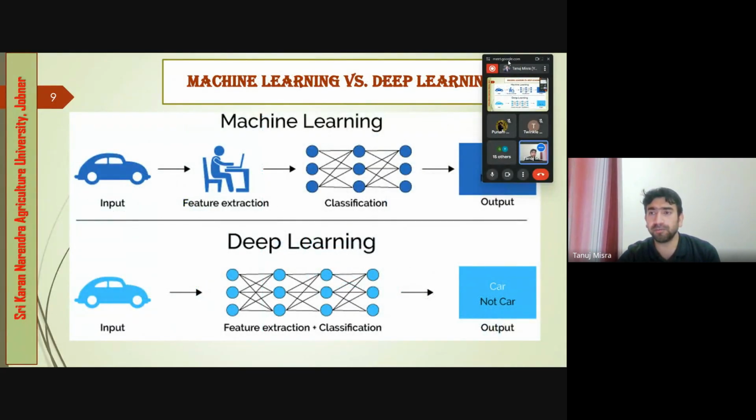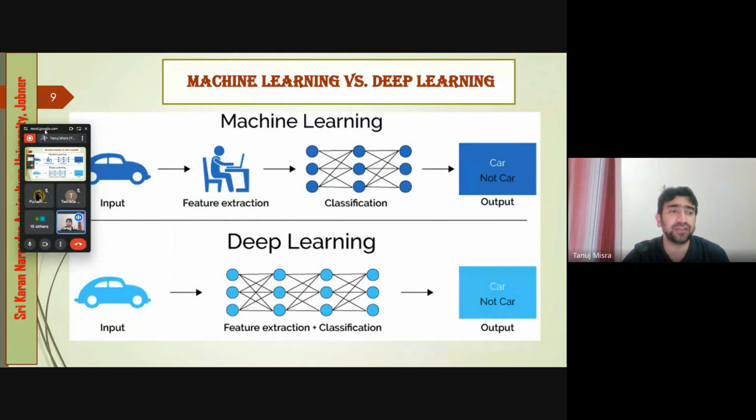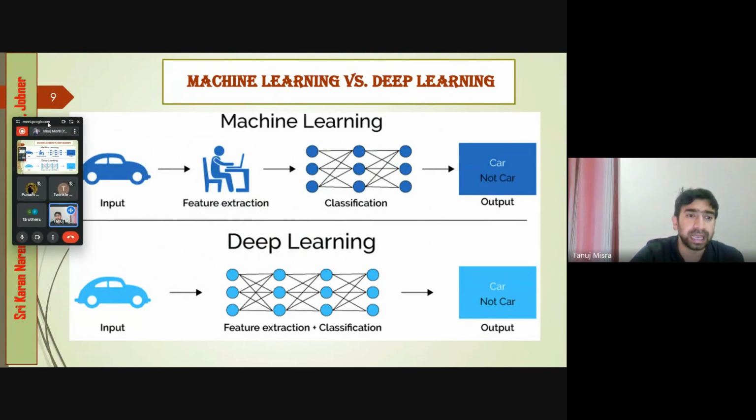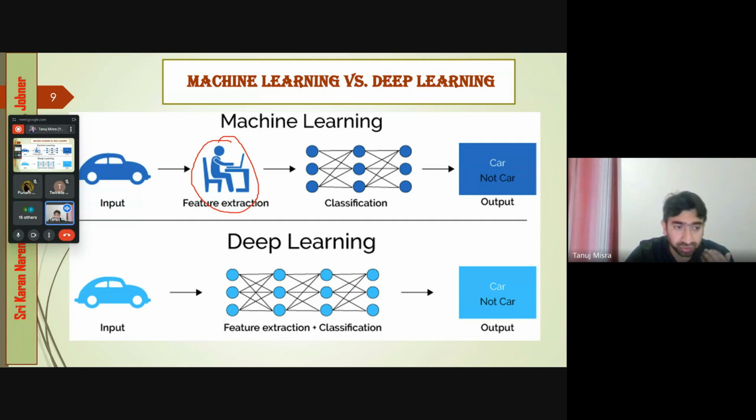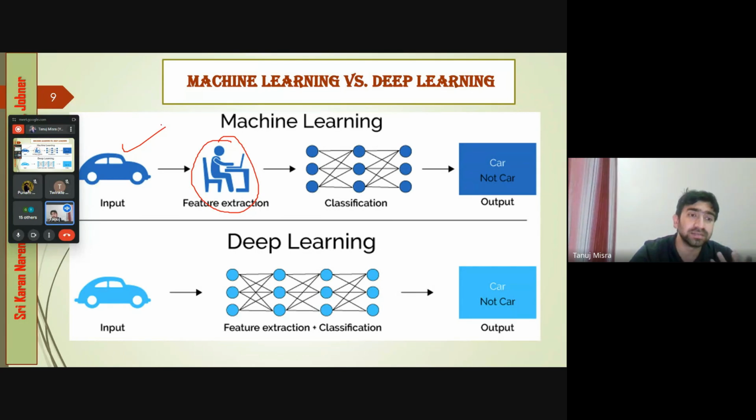So now we can say that there is a slight difference between machine learning and deep learning technology. In machine learning technology, it involves the user. Suppose I want to train a machine, say by looking at an image. This is the car image.